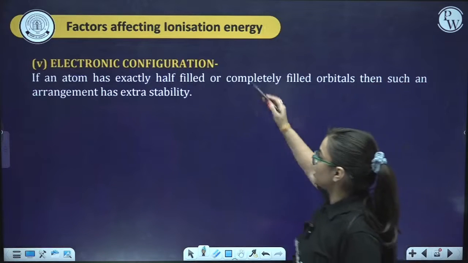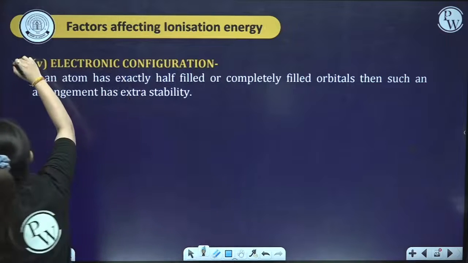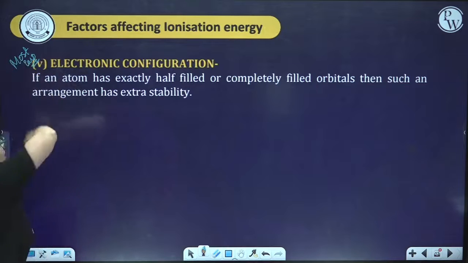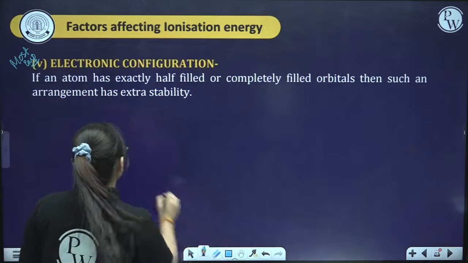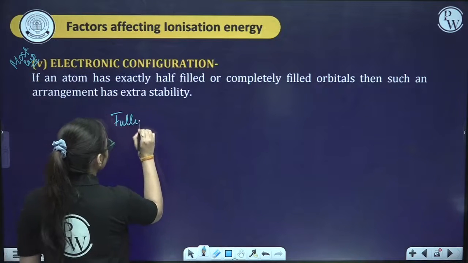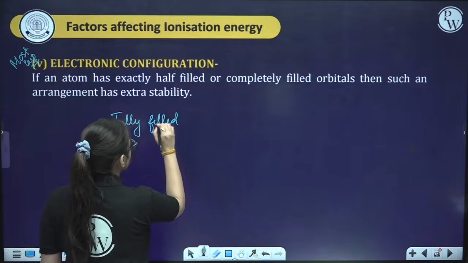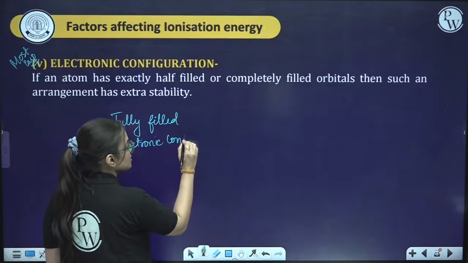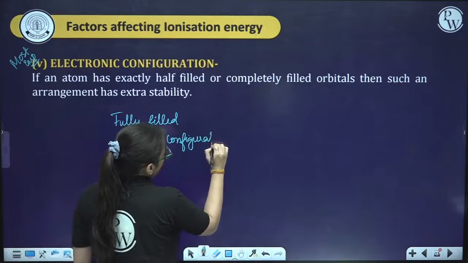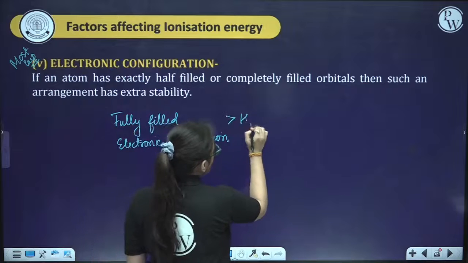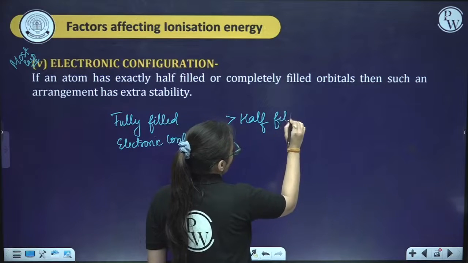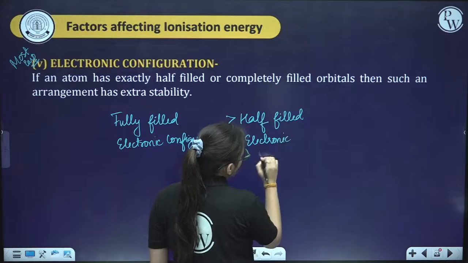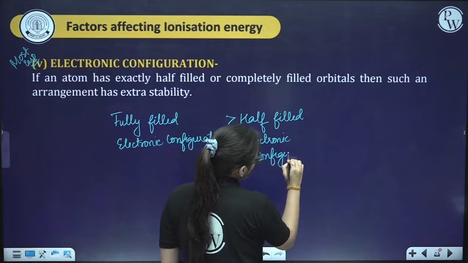Next is electronic configuration. The most important factor till now, students. See, always remember, fully filled electronic configuration will require more ionization enthalpy. Then it will be half filled electronic configuration.